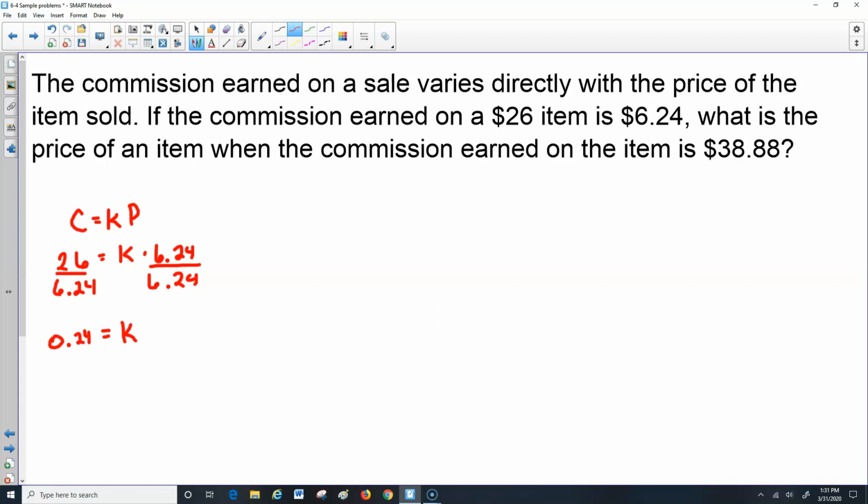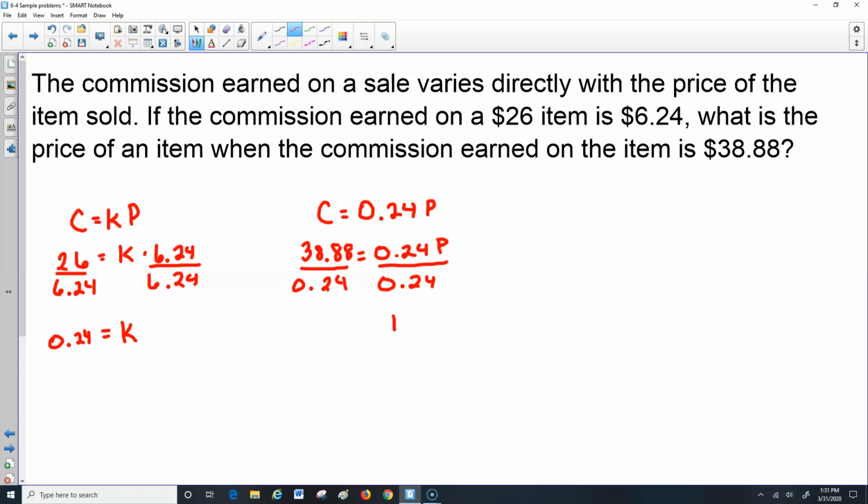Now we'll go back up to our equation, C equals K times P, and since we know what K is, we'll substitute the value of K in for the K, and we have C equals 0.24 times P. We want to know the price when the commission is $38.88, so we can substitute $38.88 for the C, and we can get an equation with only P in it that we can solve by dividing both sides of the equation by 0.24.